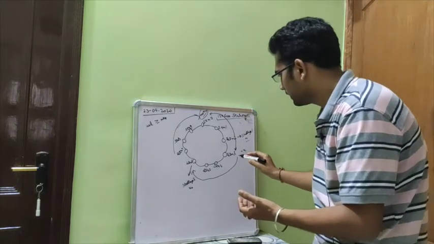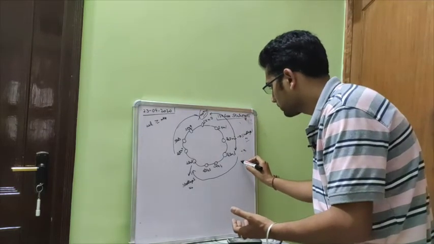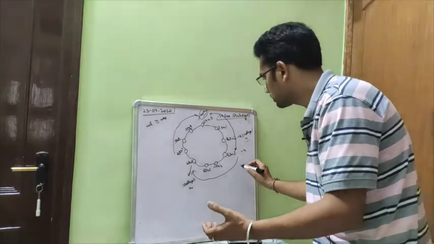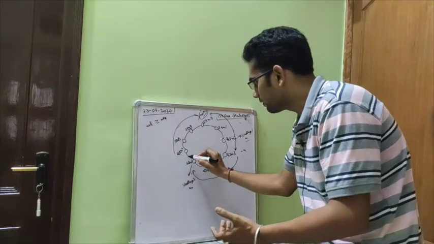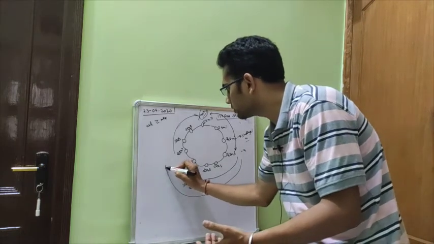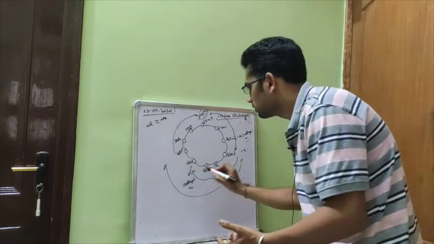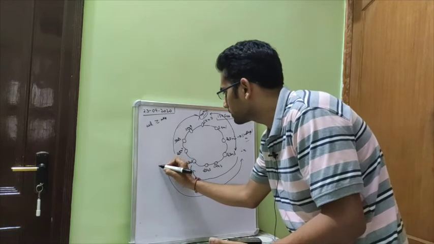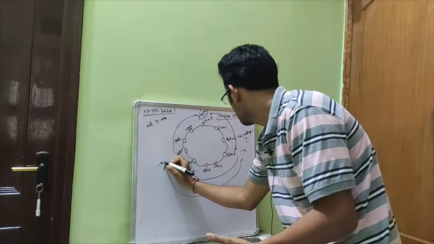Then again when I tried to start from this point, there was again a shortage of x2 here. So I was trying to reach from station 3 to station 7, which means that I was reaching with value minus x2.